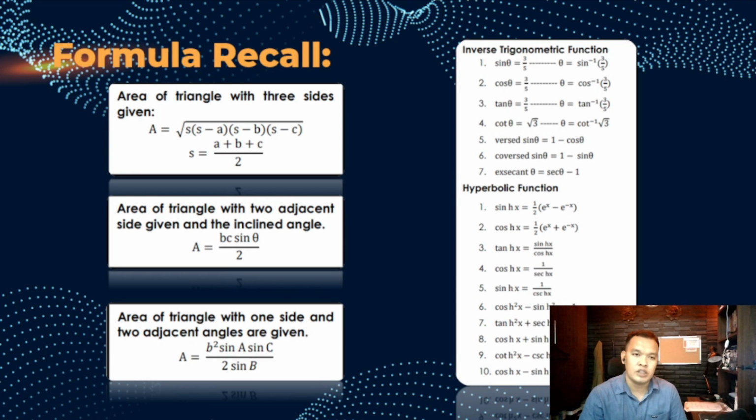We have also areas of a triangle with 2 adjacent sides given and the included angle. We have also areas of a triangle with 1 side and 2 adjacent angles given. We have also inverse trigonometric functions, versed sine, coversed sine, and exsecant. So we have also hyperbolic functions. Those are their formulas.